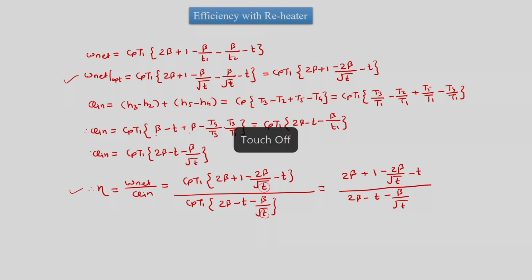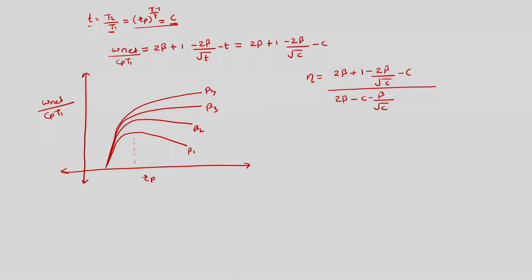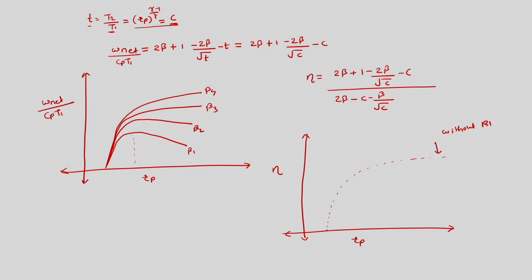So these things would make the new formula for efficiency, which corresponds to maximum work, and we can plot the efficiency versus Rp for Brayton cycle with reheater. So efficiency versus Rp, and here first again we will plot efficiency for the Brayton cycle without reheater, and as what we said, with reheater, since we are adding a reheater we are adding more heat.